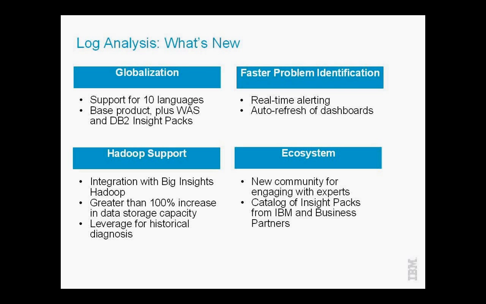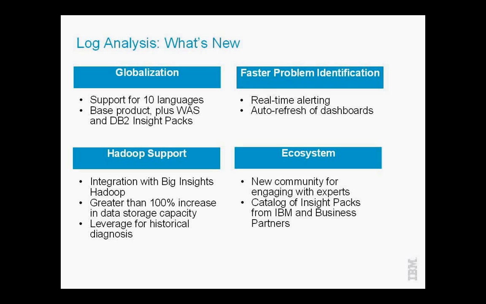And then there's also a new ecosystem. We'll drill into this in a future slide as well, expanding the extensions of the capability into a variety of domains. We're building these organically within IBM for the middleware components that we know well: WebSphere, DB2, MQ, Information Broker, and these other various domains that we know how to diagnose.